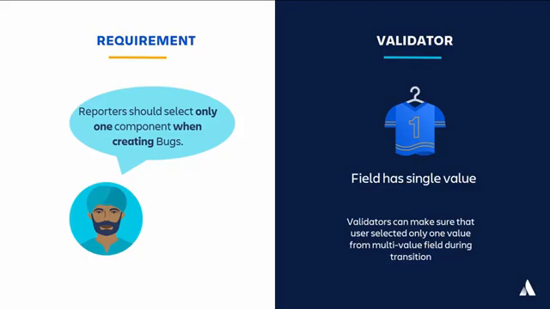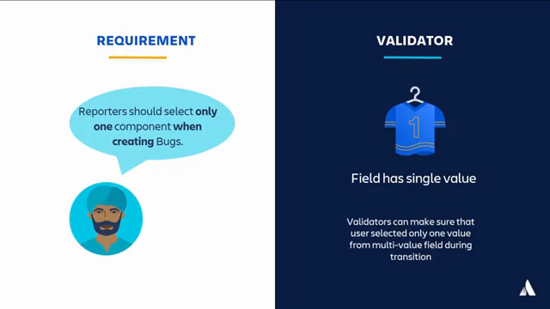Normally, components is a multi-value system field, so the user could select multiple values during a transition, including the create transition. But this requirement says that he should select only one. This can be achieved with the field has a single value validator from a marketplace app.